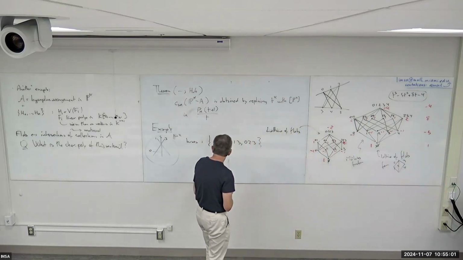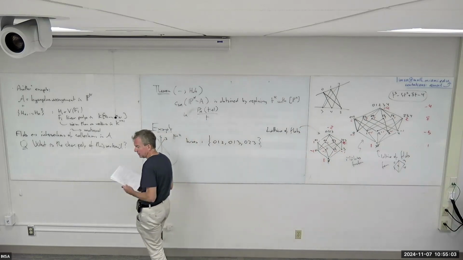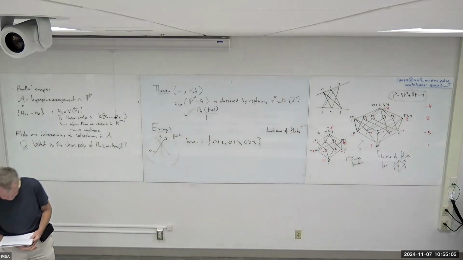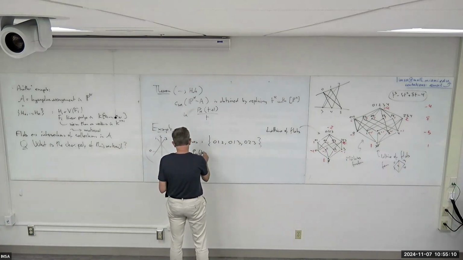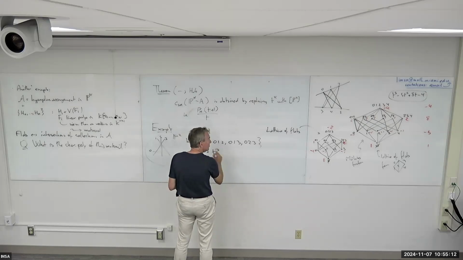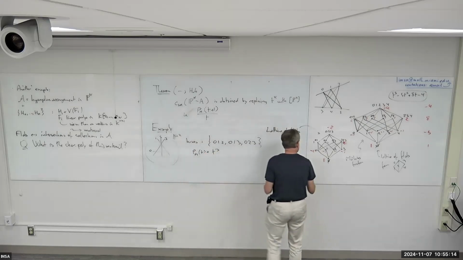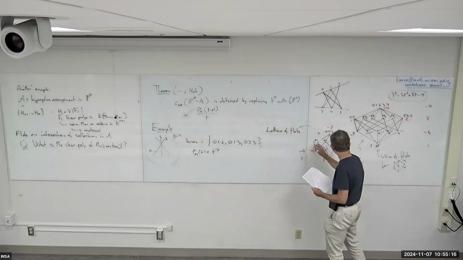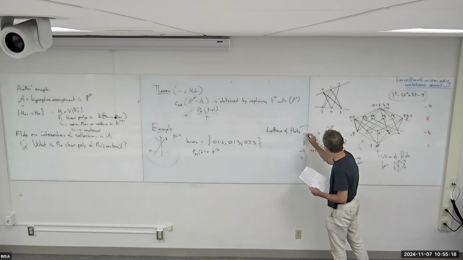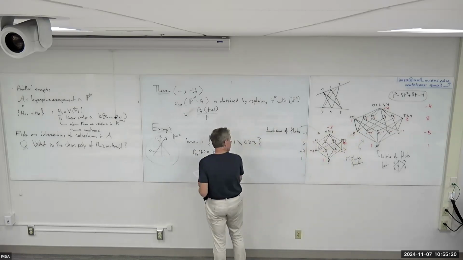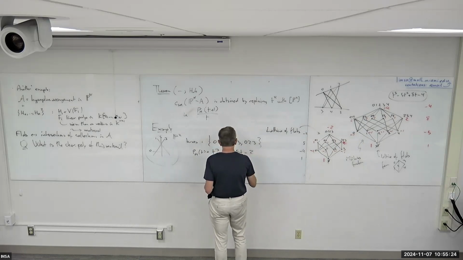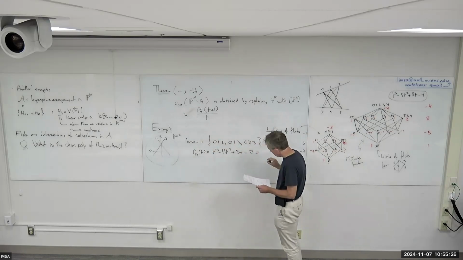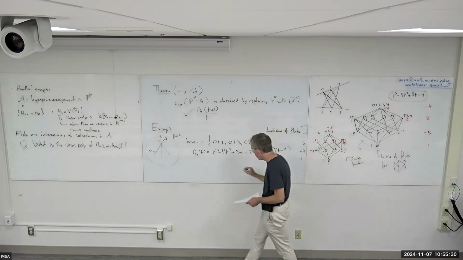So the characteristic polynomial in this case is t cubed minus, what is the sum here? I have 1 minus 4, 5, and minus 2. So t cubed minus 4t squared plus 5t minus 2, and this factors as (t minus 1) squared times (t minus 2).